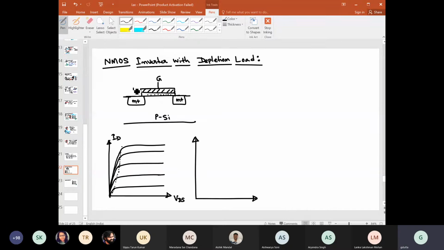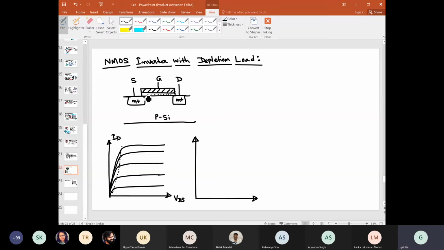This is gate, this is source, this is drain, right? If it is P, then this is the enhancement mode or normally off MOSFET, because to start the conduction you need to apply positive gate bias to induce the channel, to attract the electrons, then only the channel will form and the conduction will start.